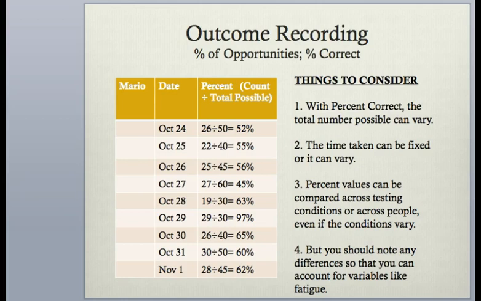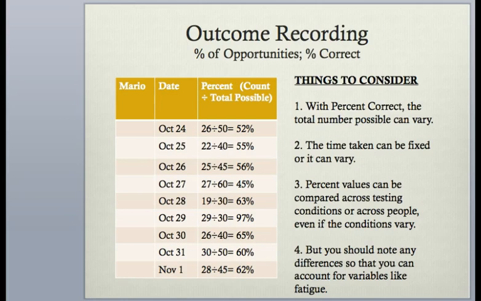So with school tests, that's kind of what this is. You can compare these percentage values across conditions or across people, even if the conditions vary a little bit. But you should, again, note any differences in the time taken to complete these questions.